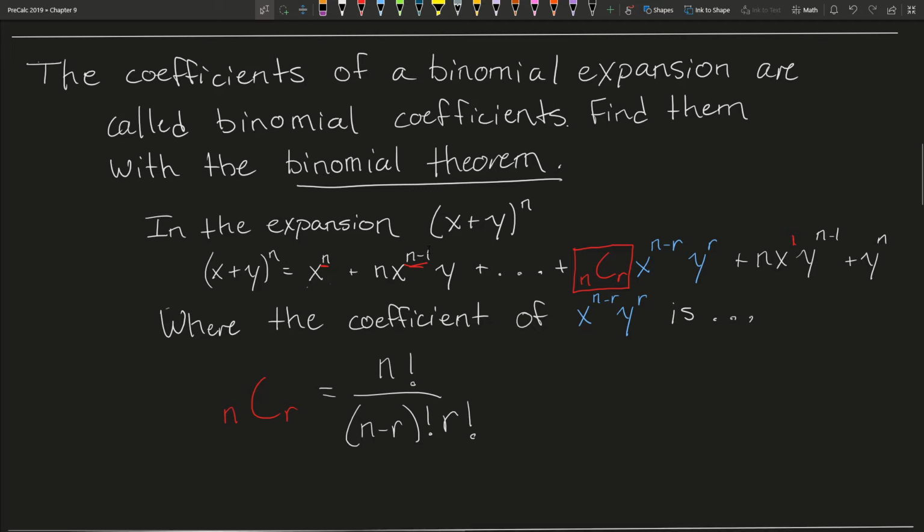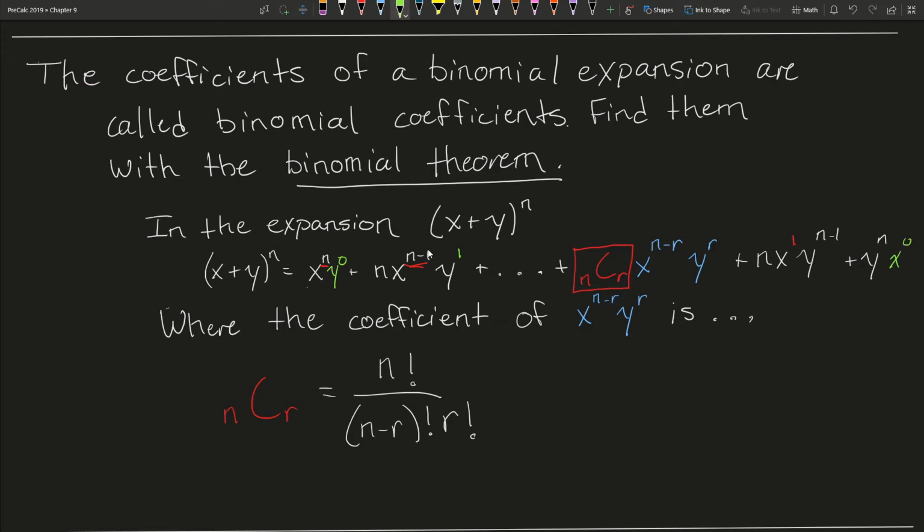And I'm going to call attention to one small thing. This first term, this x to the nth term, is really x to the nth times y to the 0. Then this is y to the first, second, third, all the way up to the nth. Okay, so if that makes it a little bit clearer how many terms there actually are, that often helps me.